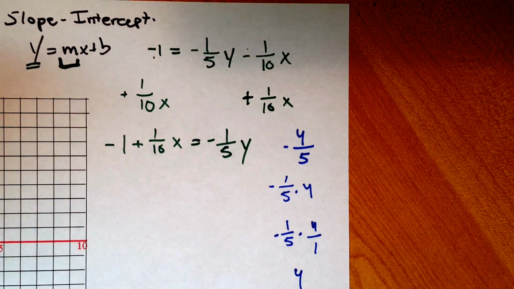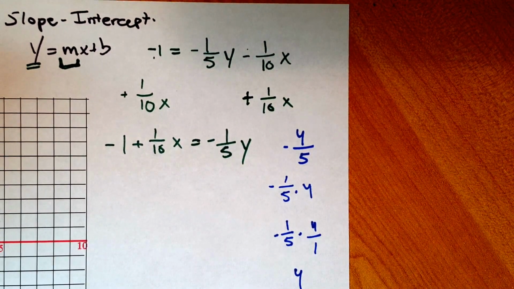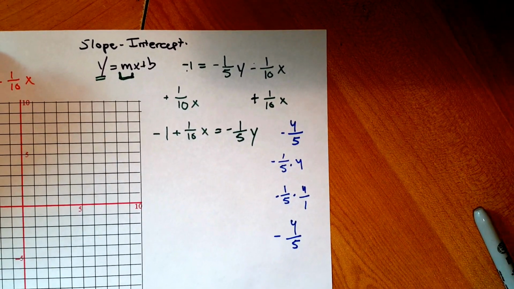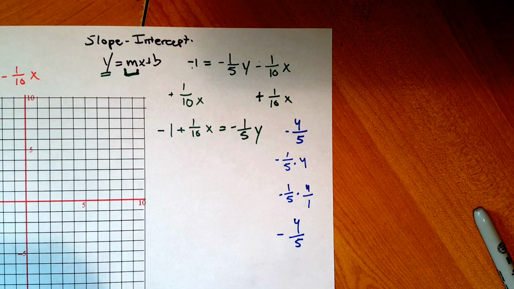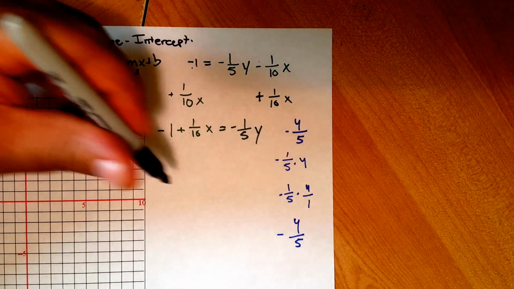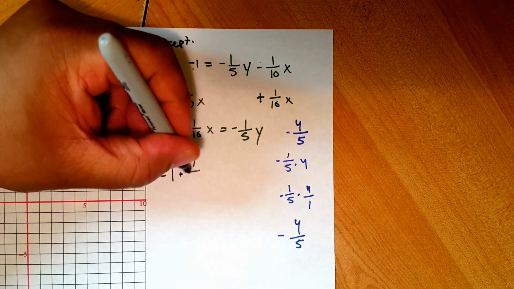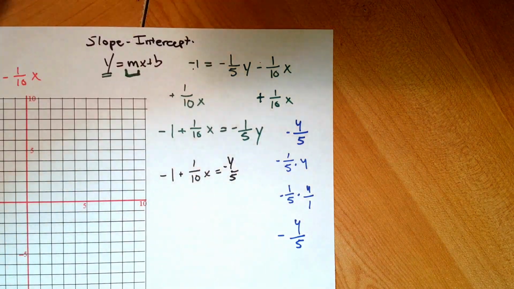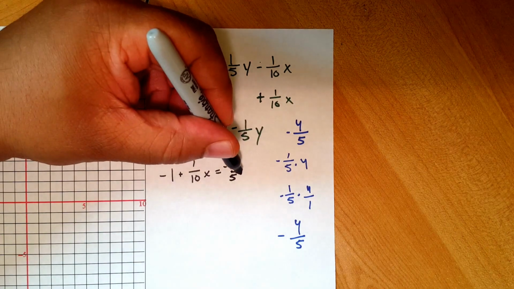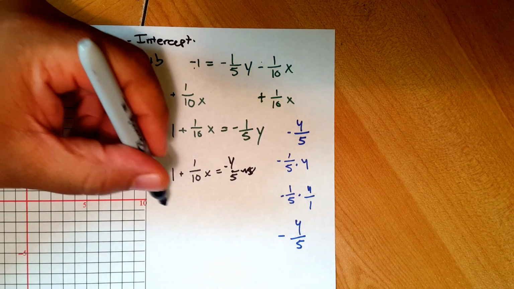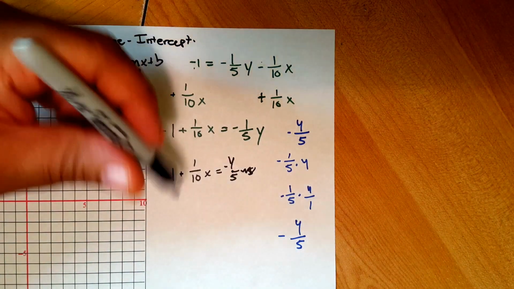Okay, so the other piece, let's zoom out just a little bit. Because we can now write it as negative 1 plus 1/10 x is equal to negative y over 5, we know that we're going to multiply both sides, and I'll write this on the next step, by this negative 5.